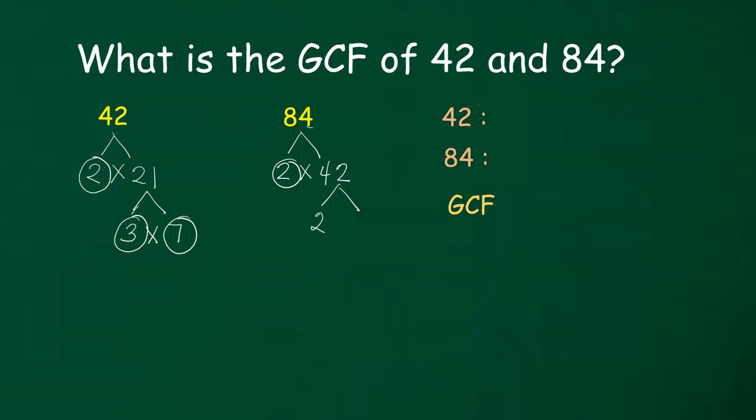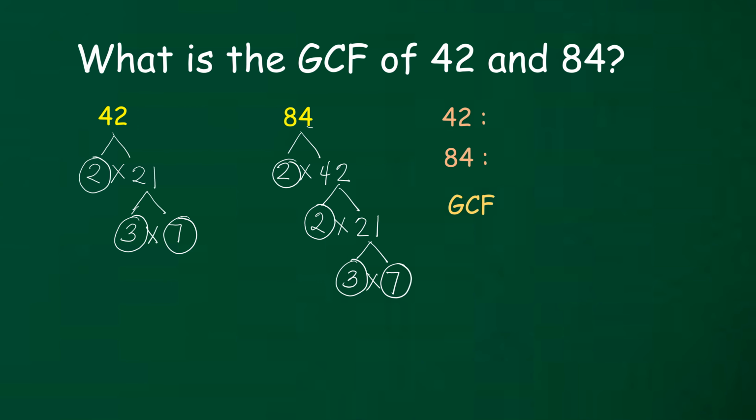So we can have 2 times 21. 2 times 21 is 42. So this is prime. We have 21 divisible by 3. So we can factor 21 as 3 times 7. So this is now prime and this 7 is prime.